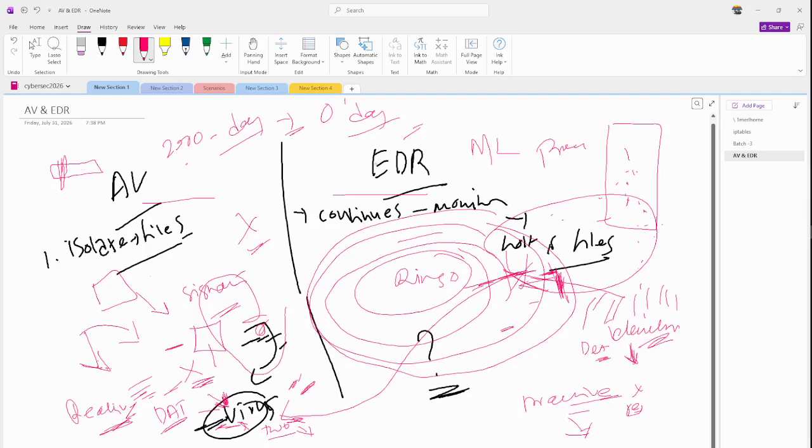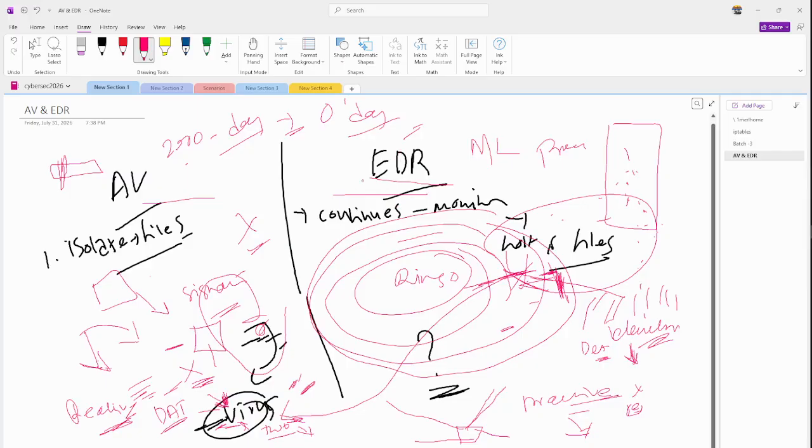Whereas EDR will check the process, where the process is running, where the network connections are made, what registry it is accessing, what memory it is accessing, and what the user activity is. All of it will be checked here in the EDR.